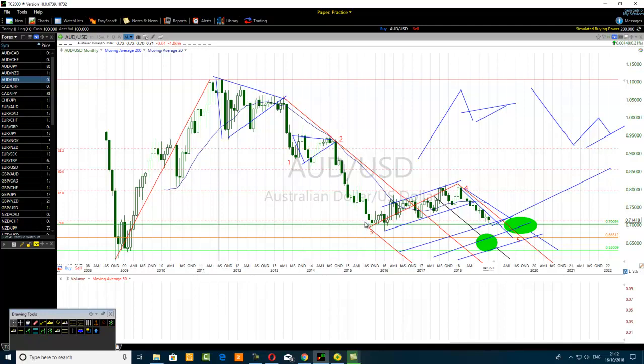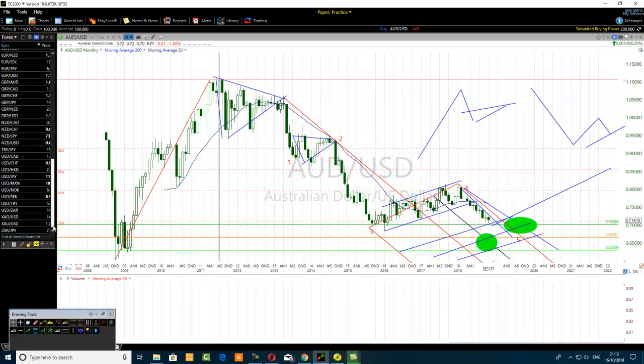The third financial instrument, I will tell you now, is similar to this one. The Australian dollar US dollar is similar to the gold US dollar. Look at that. Why is this similar? Because the Australian dollar depends on gold.